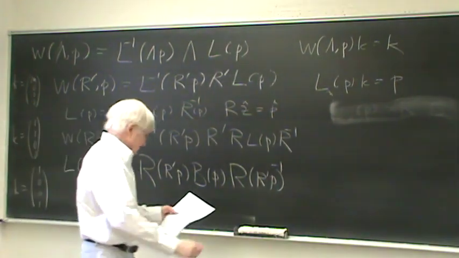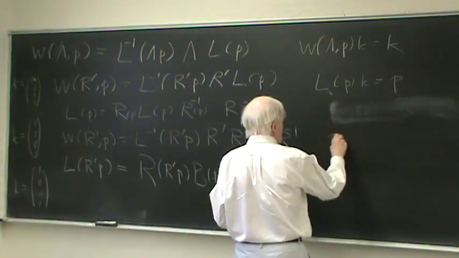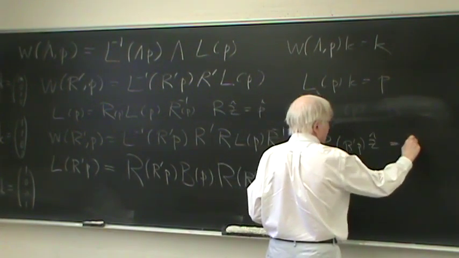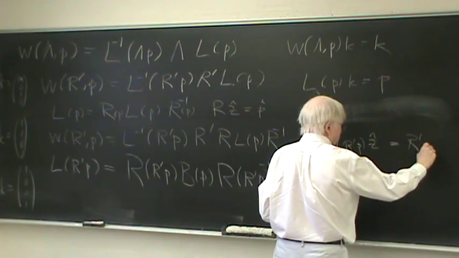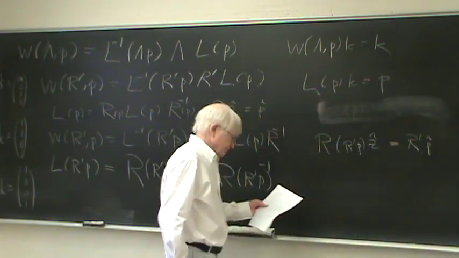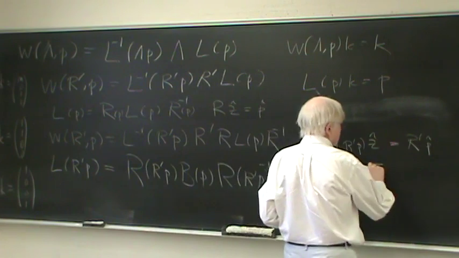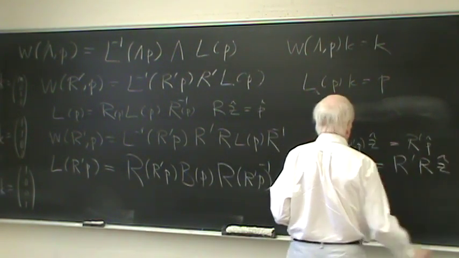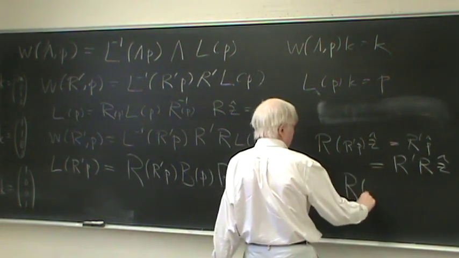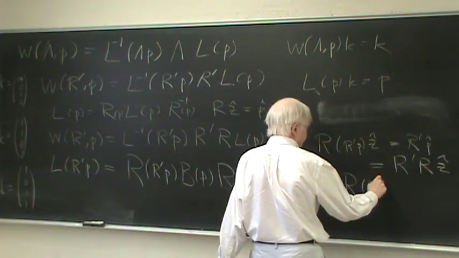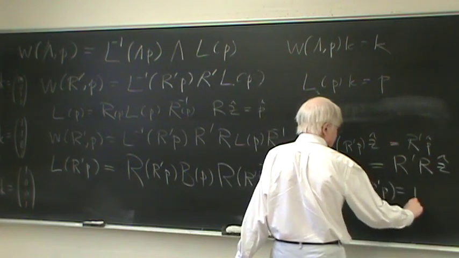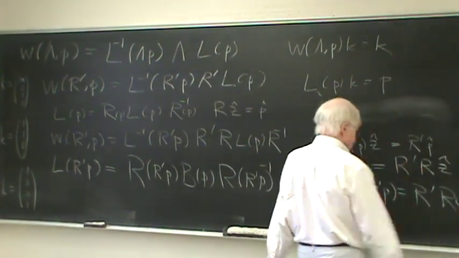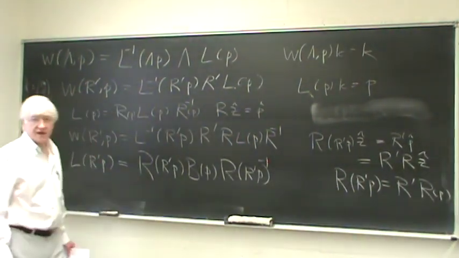Now, what is this R of R prime p? Well, R of R prime p takes z hat into R prime p hat. Or equivalently, it takes it into R prime R of z hat. So in other words, R of R prime p is R prime R. And if you want, it's R prime R of p.